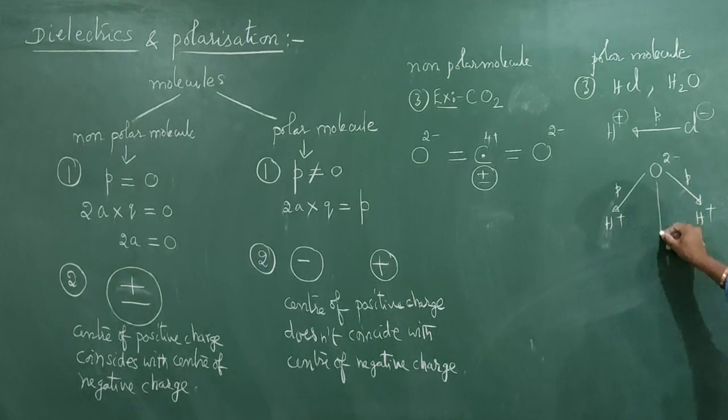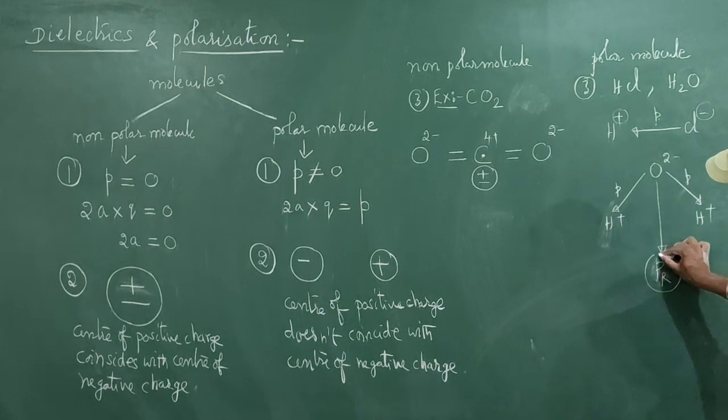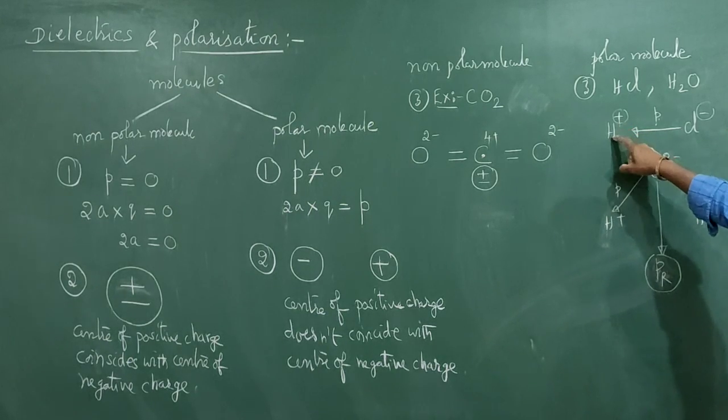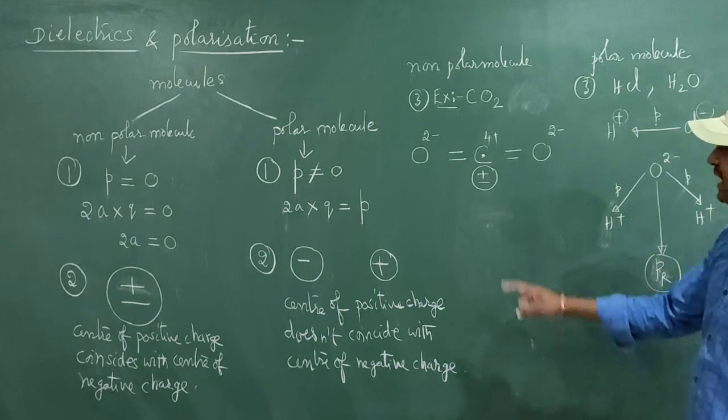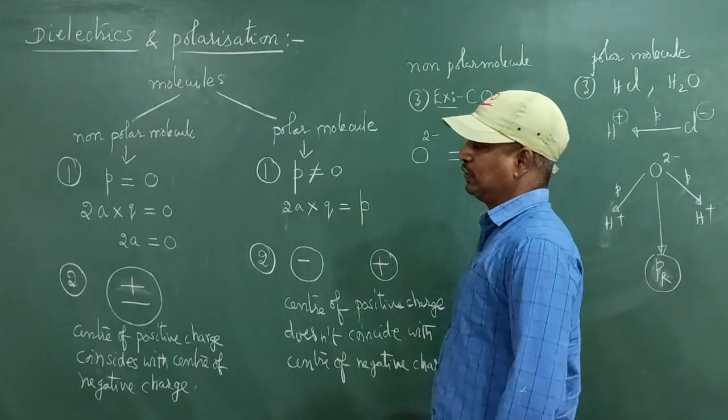The resultant of these two will be in this direction. So I'll write the resultant dipole moment, PR. So there is a resultant dipole moment for this H2O molecule, there is a resultant dipole moment for this HCl molecule, and there is no dipole moment for this CO2 molecule.